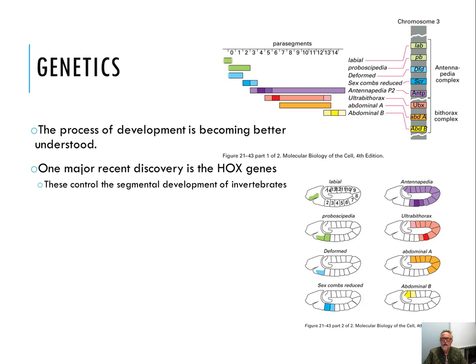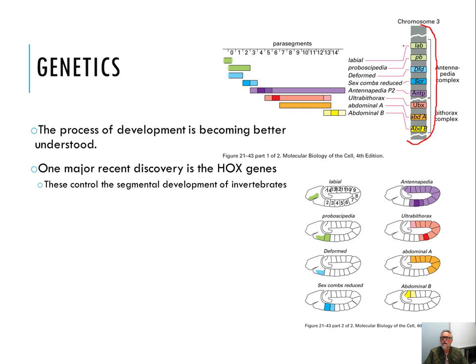Now these three diagrams basically show the same thing. This is the Hox genes which are on chromosome 3 of the fruit fly gene, and this is a map of the segments. There are 15 segments within a fruit fly, and the colour coding shows when those genes become effective.